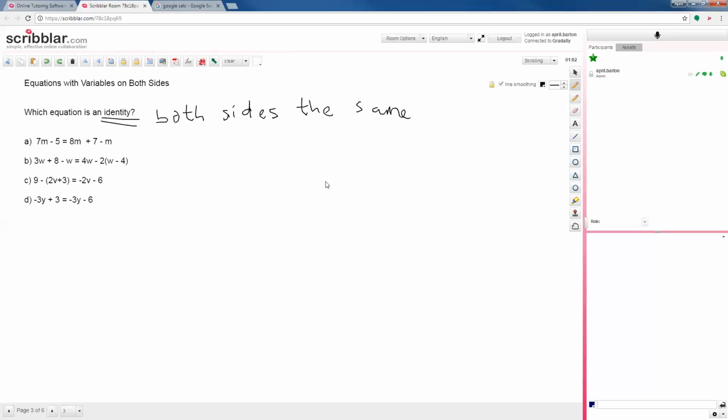They couldn't have you just solve this and get an answer. We have to check each option they give us and see if each side is actually the same. So all we're going to check for is, can I simplify anything on the left? And can I simplify anything on the right?